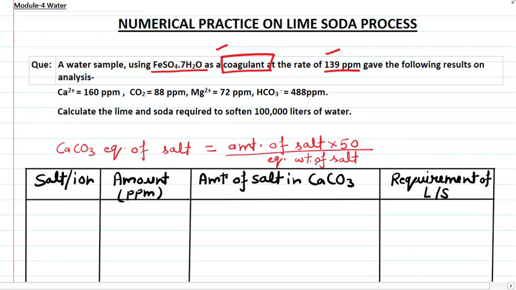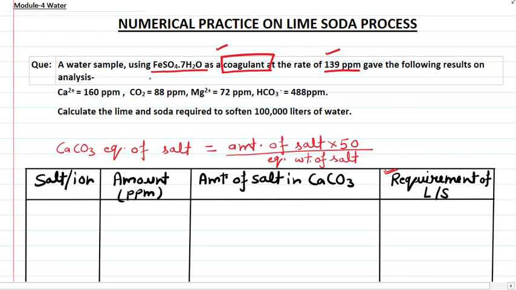I have already discussed how we can calculate the equivalent weight and how we can justify the requirement of lime and soda. The links of these two videos are available in the description box, so you can follow these videos for understanding them.